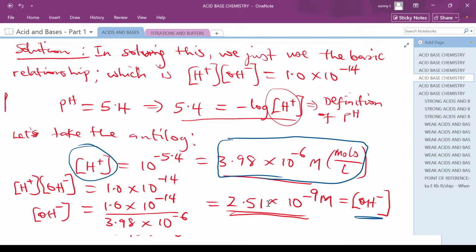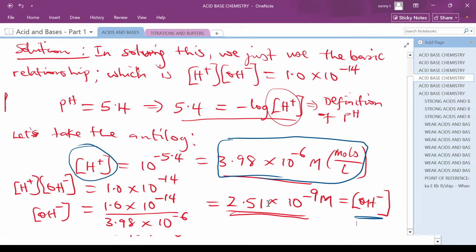Let's take the anti-log. You got it by simply taking the anti-log of 5.4.